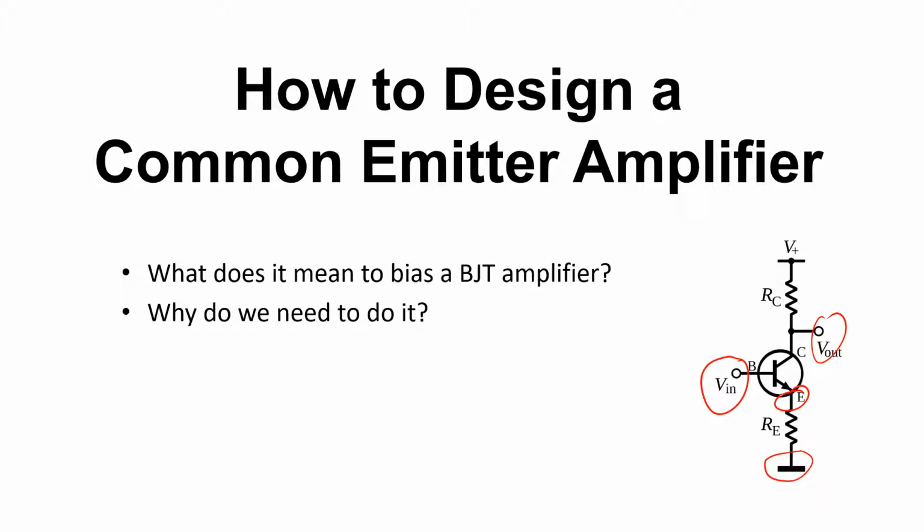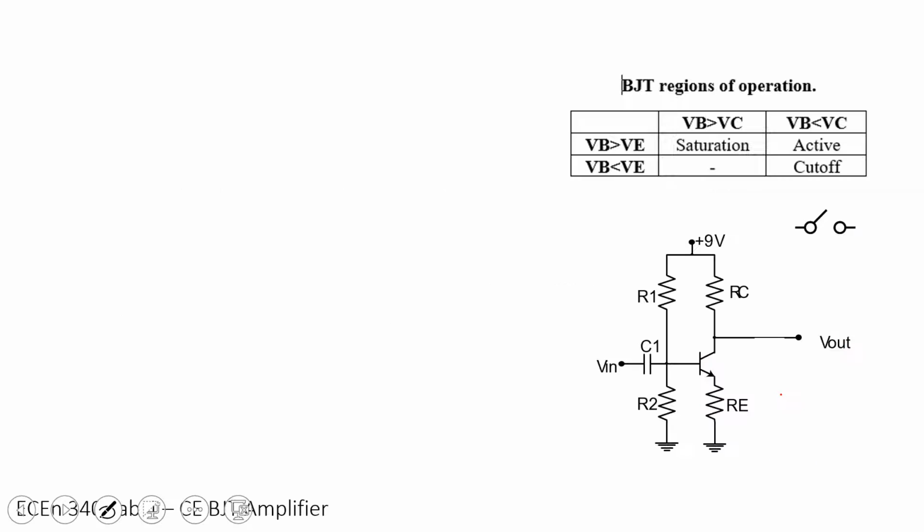When we're talking about these amplifiers, often we refer to biasing them. So I wanted to go over what that means and how we can do that and why we need to do that. There are different regions that a BJT operates in, and what we're shooting for is the active region. In the active region is where a BJT is going to amplify.